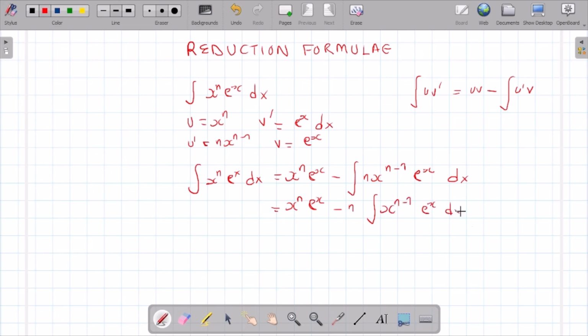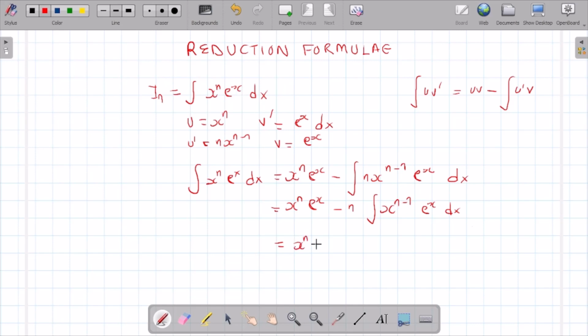Now if we let this be equal to I_n, and compare this to this, notice that here n has decreased by 1. We have n here, and n minus 1 there.